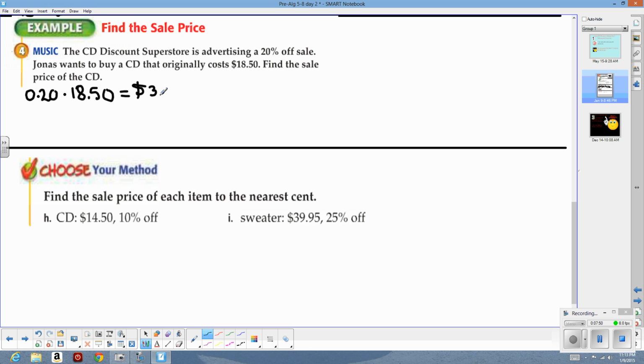If he's going to save $3.70, to find the sale price, we would then have to take the price of the CD, the $18.50, minus how much he's going to save, and that's going to be the sale price. The sale price is $14.80.